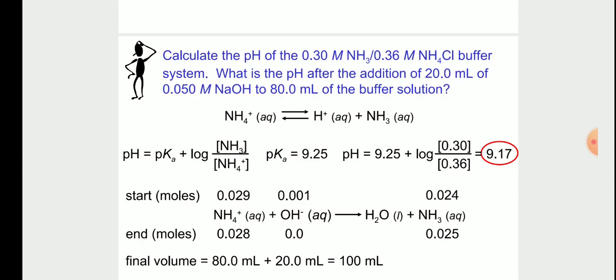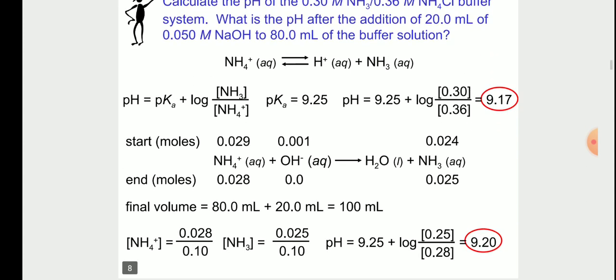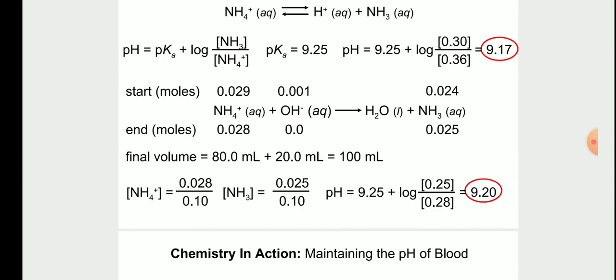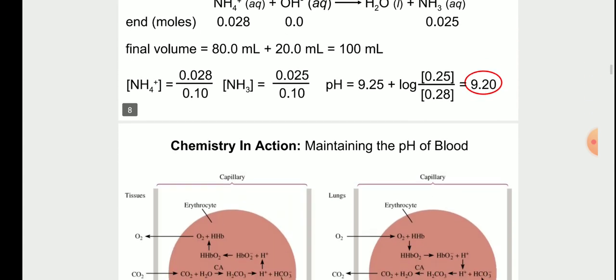This is a basic buffer, very commonly used in a number of titrations. NH4OH and NH4Cl is a buffer solution, and if I say acidic buffer, then CH3COOH, that is acetic acid, and CH3COONa, that is sodium acetate. This is the combination of acidic buffer and basic buffer.